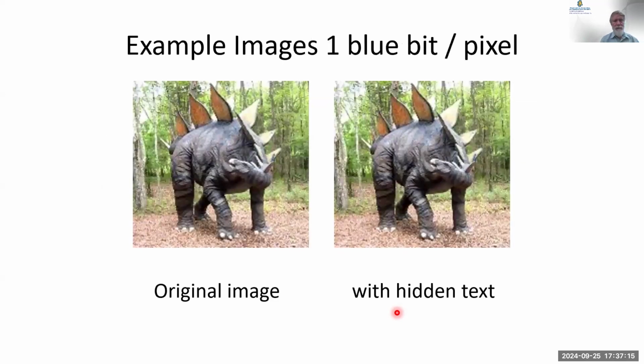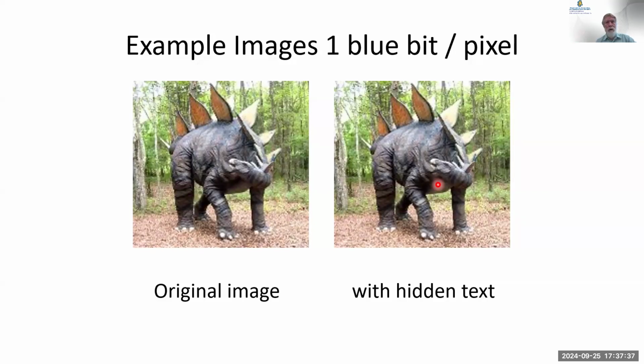Here is my example. We've got the original image and the modified image. I can see no difference between these two. I wrote a program that does this. Actually, the syllabus for the course is stored in here in the least significant bit of the blue pixel, which is 3 bytes. I didn't change the red and the green.